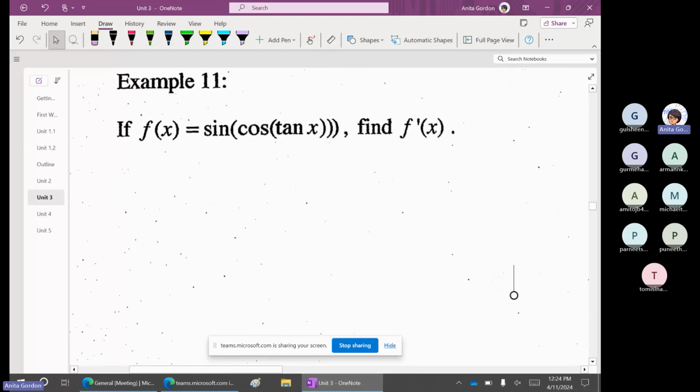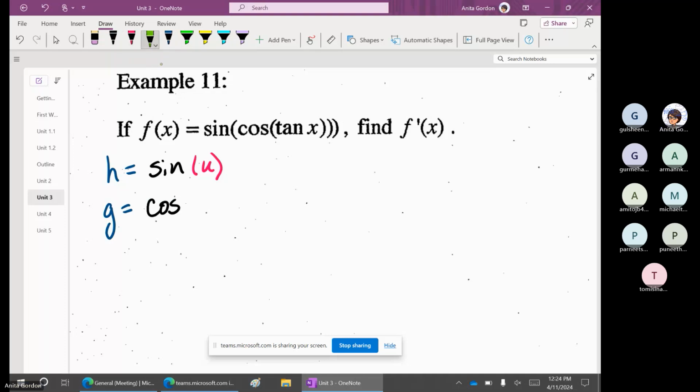Okay, here's an inception question again. Let's color code it. Sine of u. Let's call this letter H. And then G is cos of V. Yeah, U, sorry.